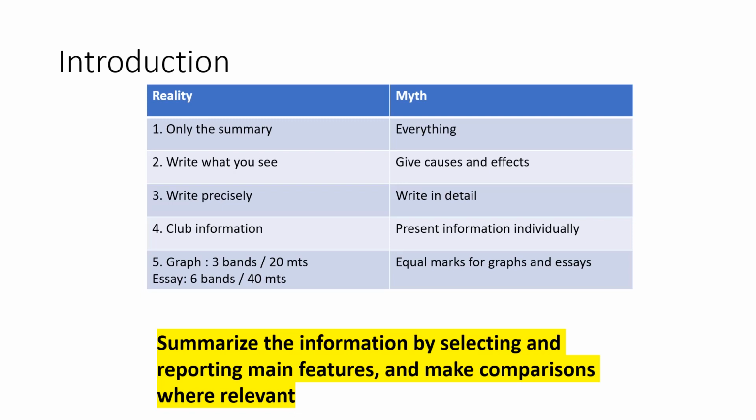So if you are finding a graph which is depicting information, let's say from 1986 to 2006, you are not supposed to talk about individual years, that what happened in 1986, what happened in 1987, and so on. Let's say it talks about the population growth from 1986 to 2006, and it has given information for every year: 86, 87, 88, 89, 90, like that.